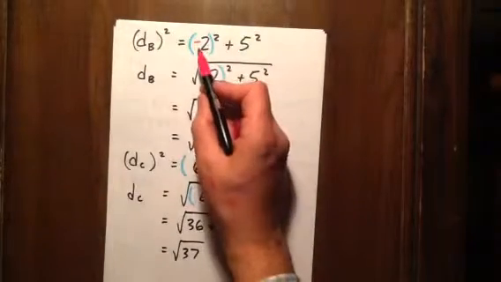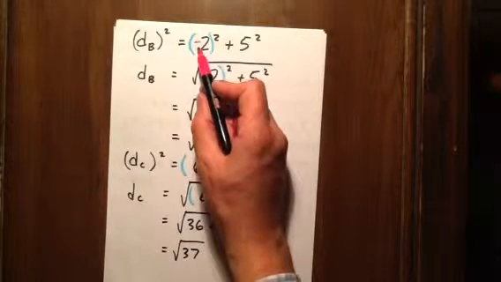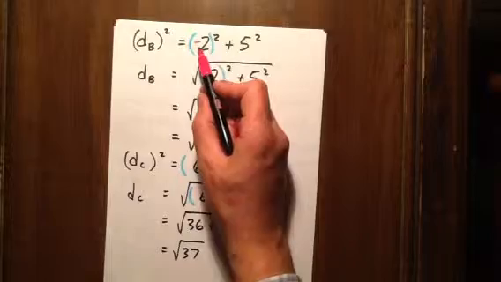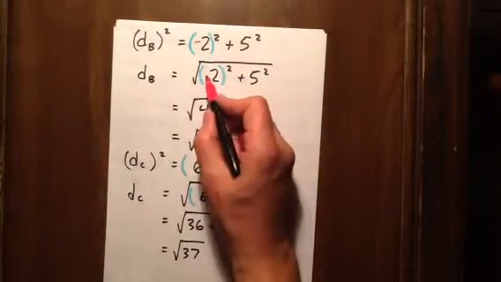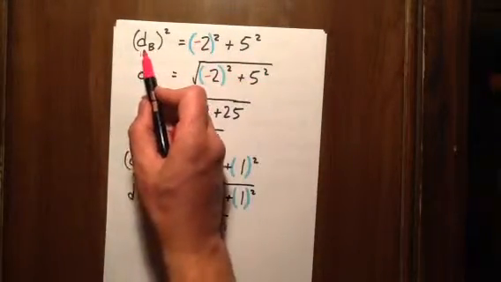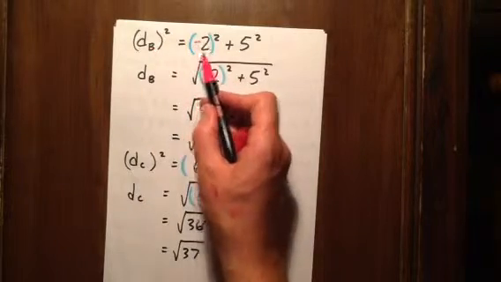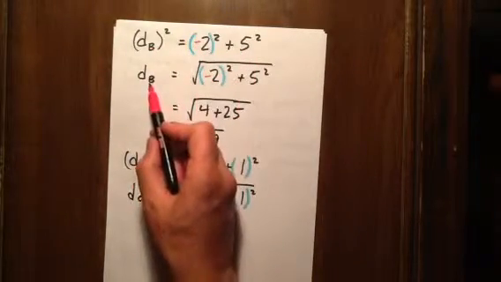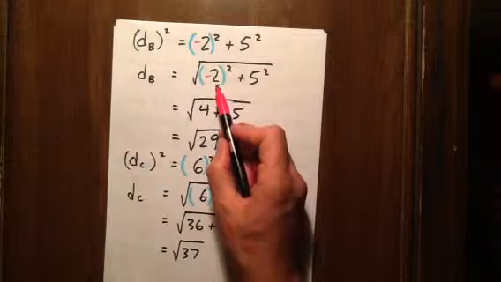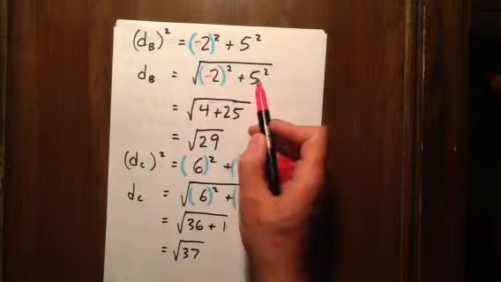So let's call it -2, because I think you'd agree -2 times -2 is the same as 2 times 2, which means I'm going to think of the distance squared as -2 quantity squared plus 5 squared, which means the distance is the square root of -2 quantity squared plus 5 squared.